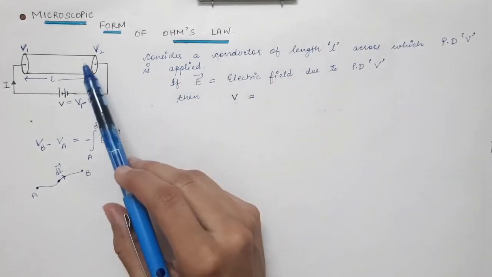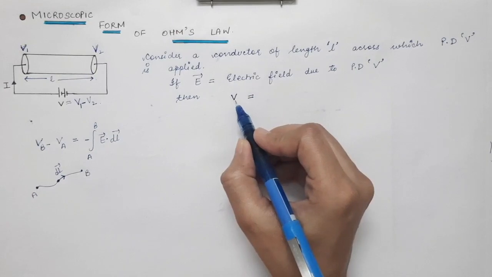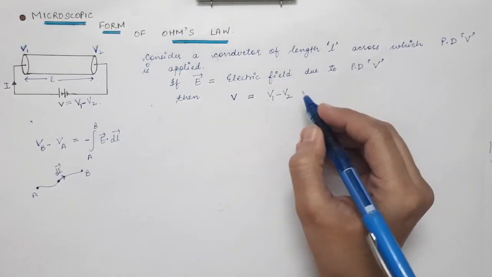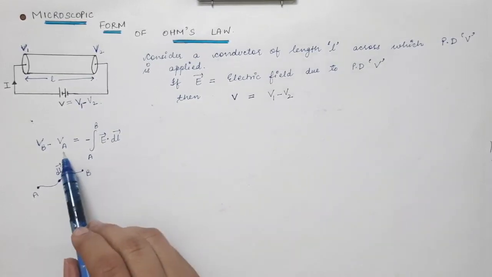So in this particular case, the potential difference V is given by V1 minus V2. And what is V1 minus V2? We will use this formula.